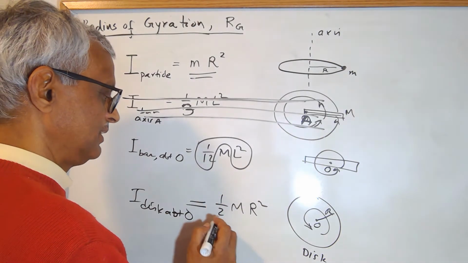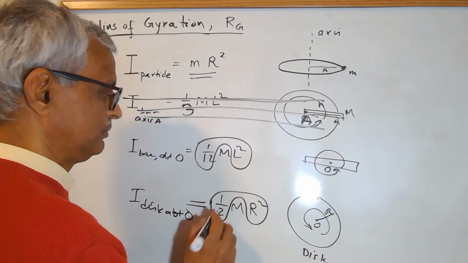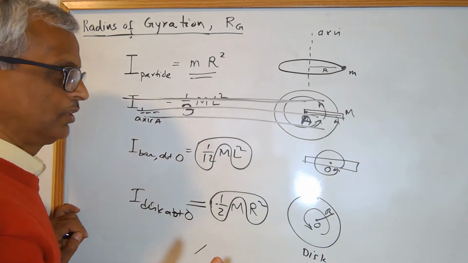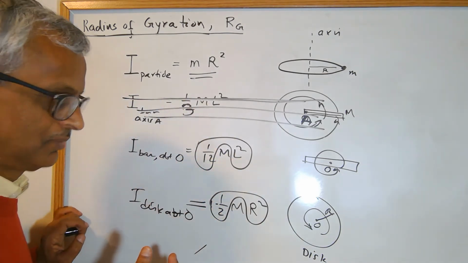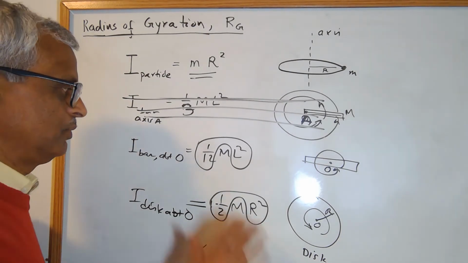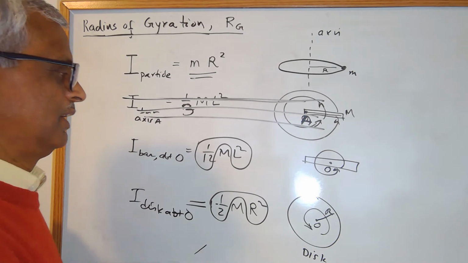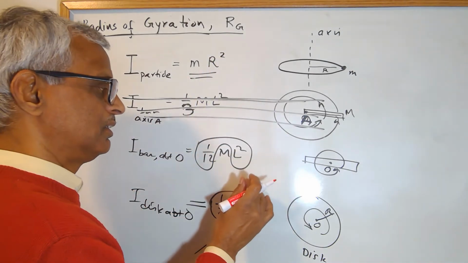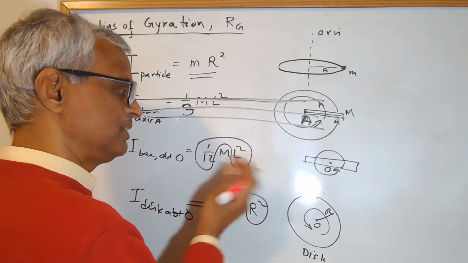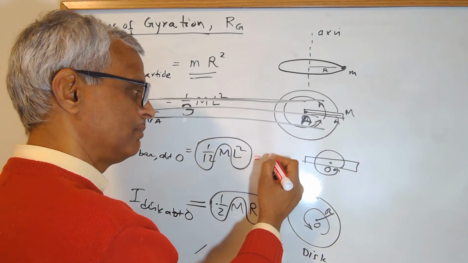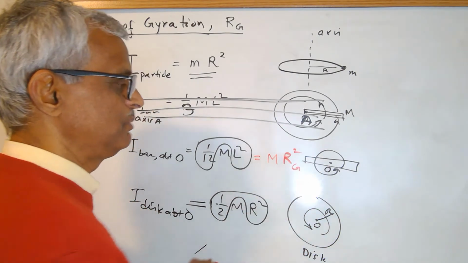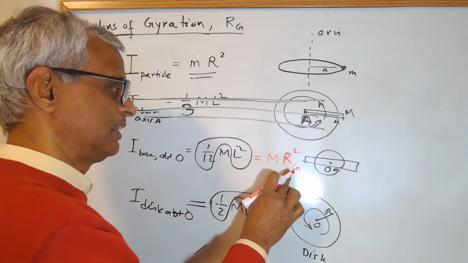Here I need to put them together as some kind of radius squared, and that is the radius of gyration. So if you say, don't give me this formula, give me the same thing but a different rule, say m and r_g squared, this we will call the radius of gyration.